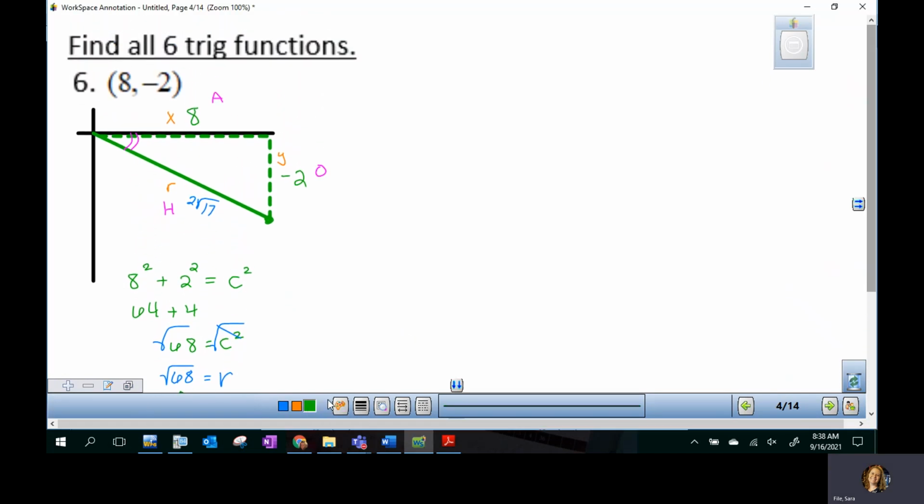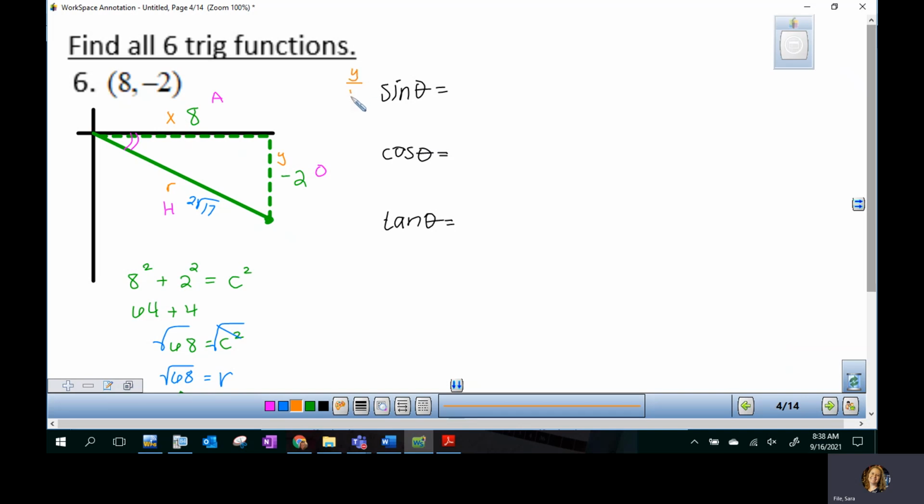All right, so now I'm ready to give the trig functions. I know all 3 sides, so I can give my ratios. If you need to jot them down again, you can.